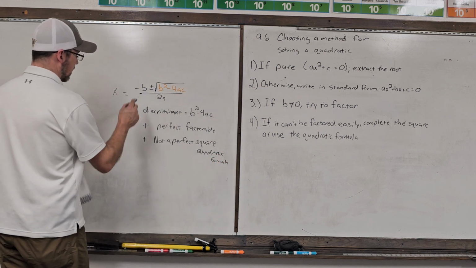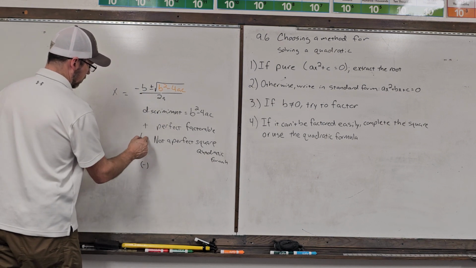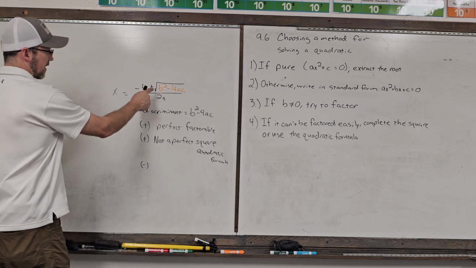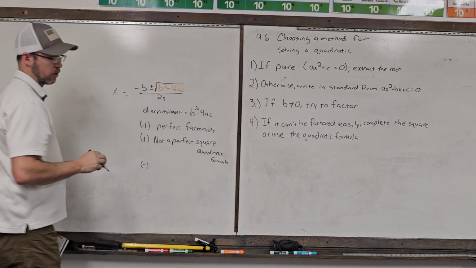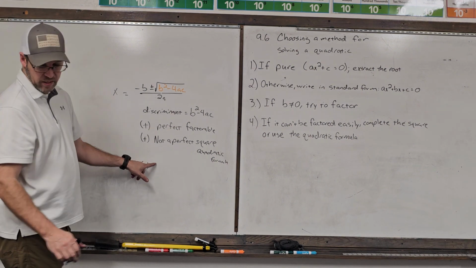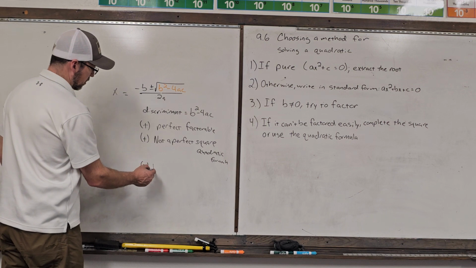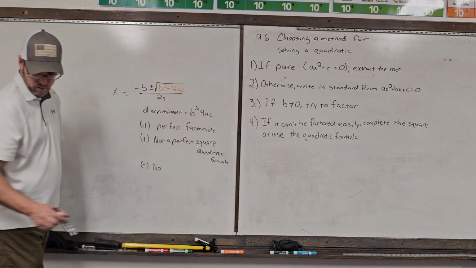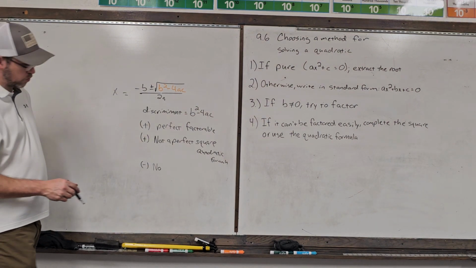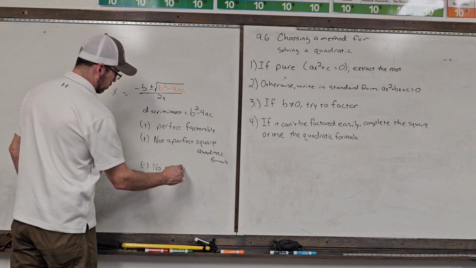All right, if the discriminant is negative, I can't have a negative under a radical. I cannot have the square root of negative 4. So that means the answer is no real solution.